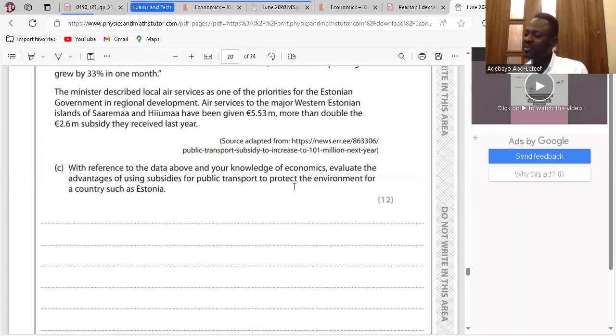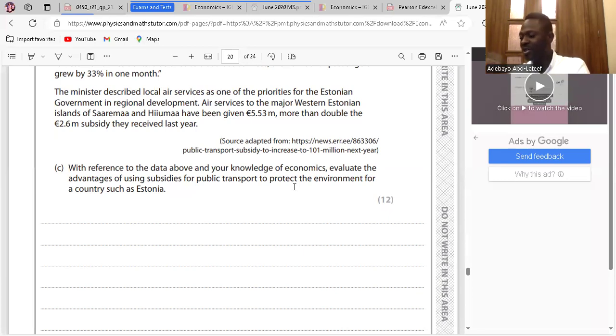So the Estonian government gave subsidy to public transport to reduce the price of public transportation, which may help to increase its demand, reducing car transportation, which is a substitute to public transportation. Clear? Cheaper public means of transportation will reduce the number of cars on the roads, reducing pollution.